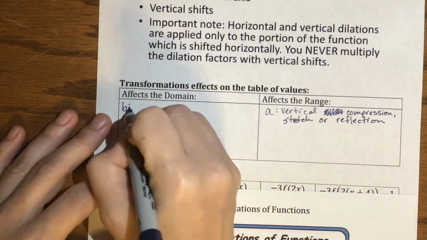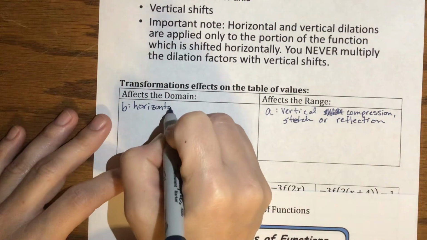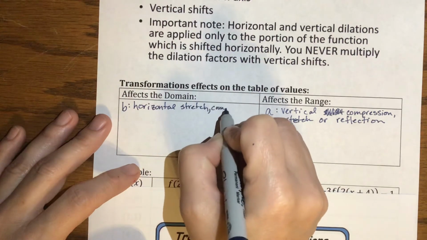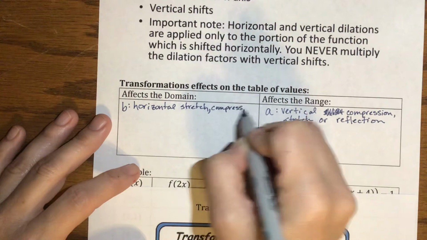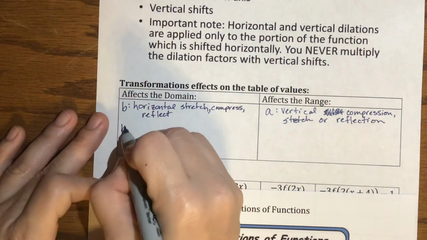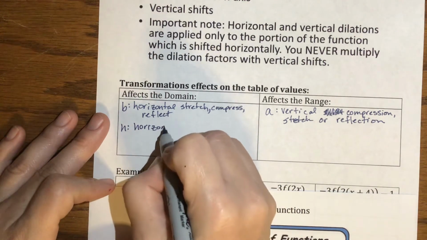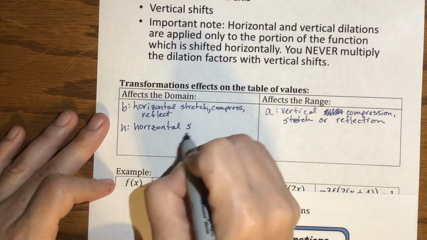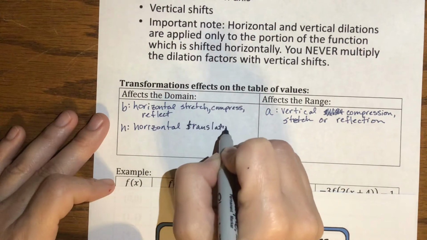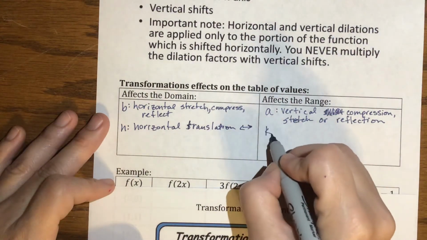My b is going to affect the domain. My h is going to affect the domain. My k is going to affect the range.